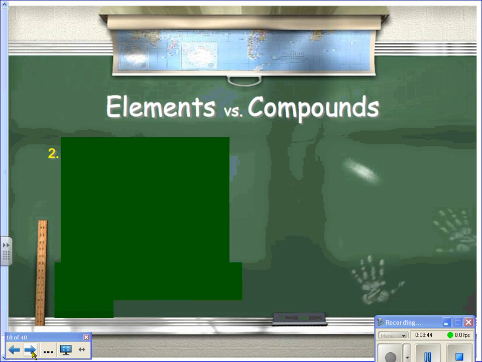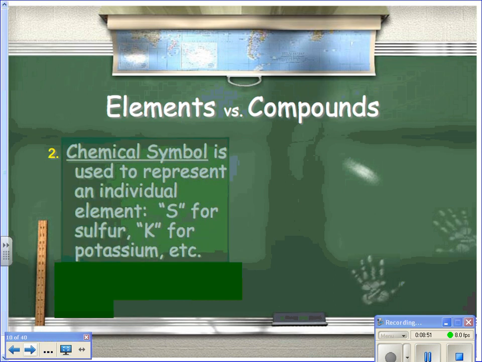The second part of this, element versus compounds, is this. When we're referring to specific elements in chemistry, we use a chemical symbol. A chemical symbol is used to represent an individual element, such as S represents the element sulfur, K represents the element potassium, and so on and so forth.